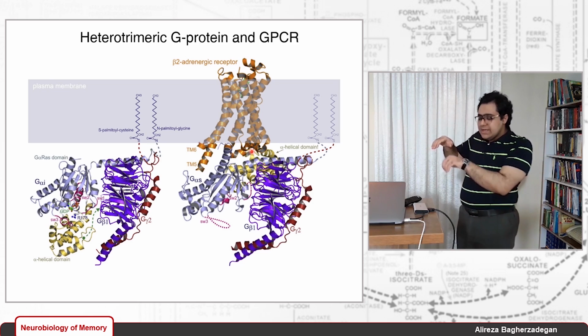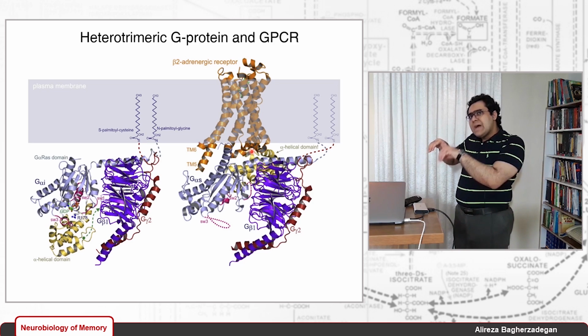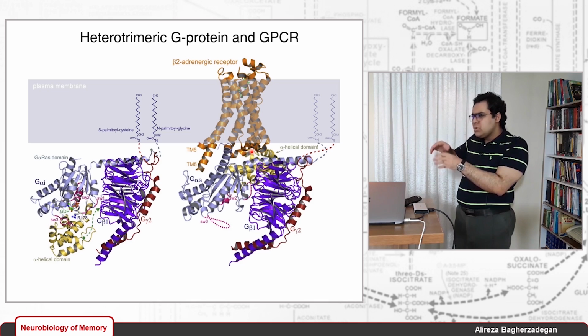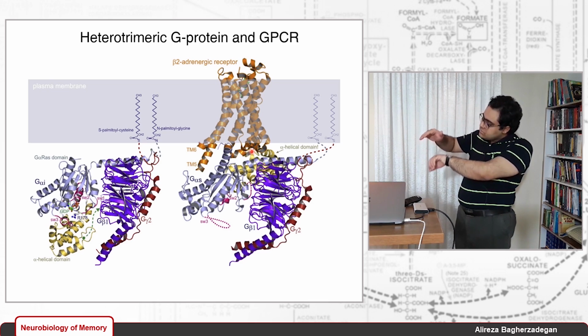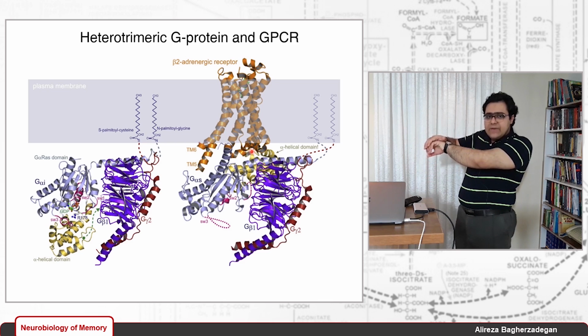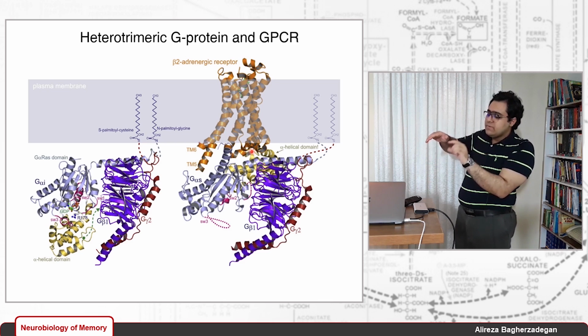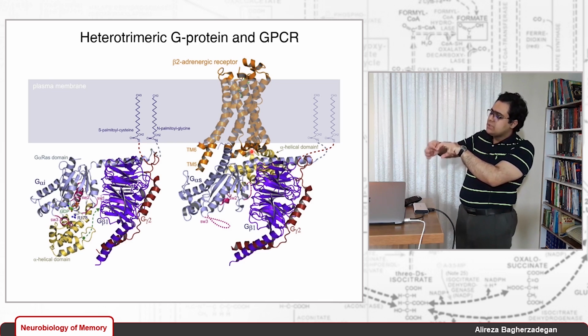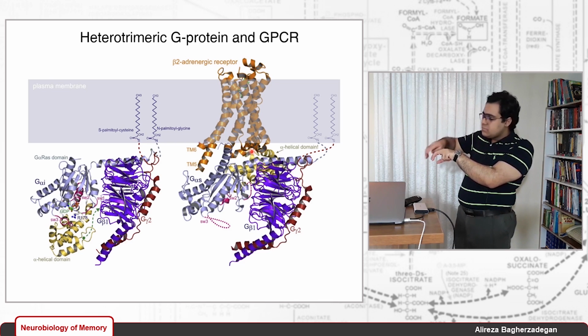And now the fifth alpha helix, or one of the alpha helices of the alpha subunit of the G protein, is going to dock in that cavity. So imagine that this is one of those alpha helices of the alpha subunit of that G protein, and it docks in that cavity.